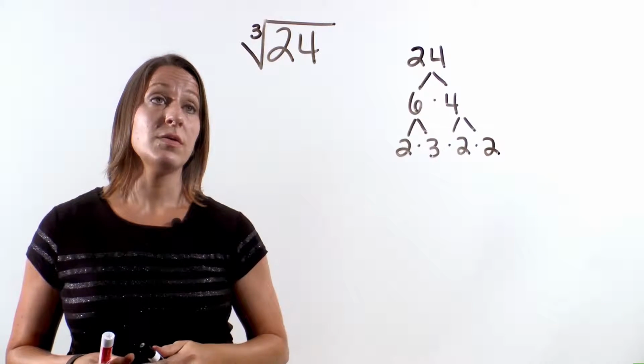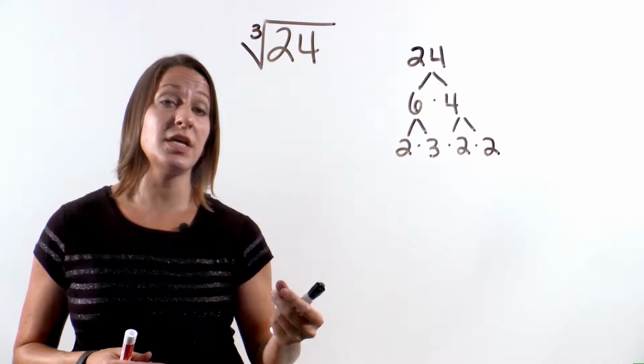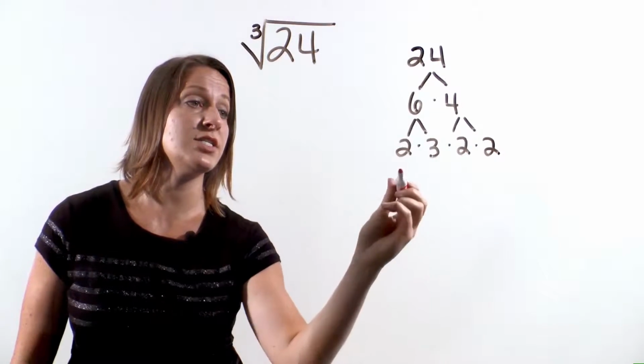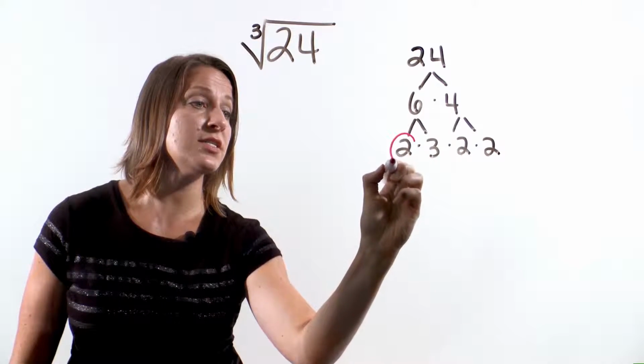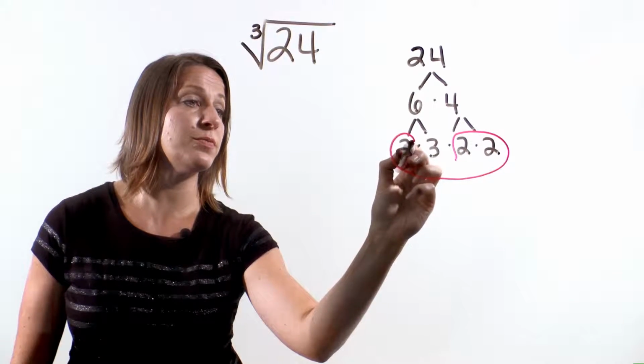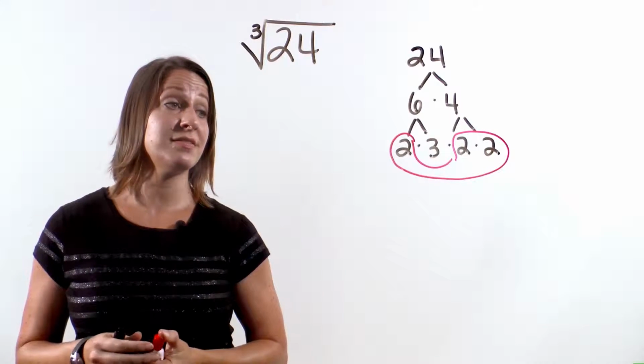Next, because this is a cubed problem, we're looking for 3 of the same number. Even though they're not sitting next to each other, we can still consider that this 2 can be paired up with those 2. We can call that we have a triplet set of 2s.